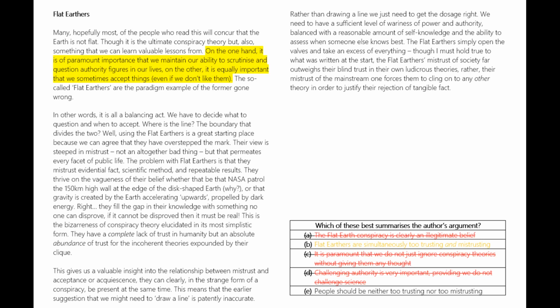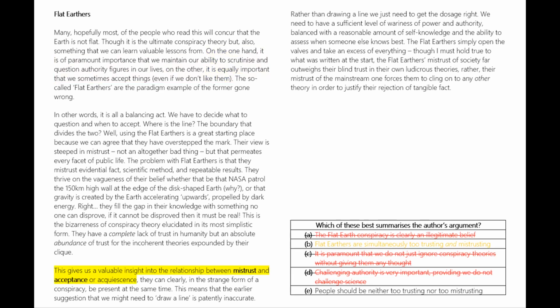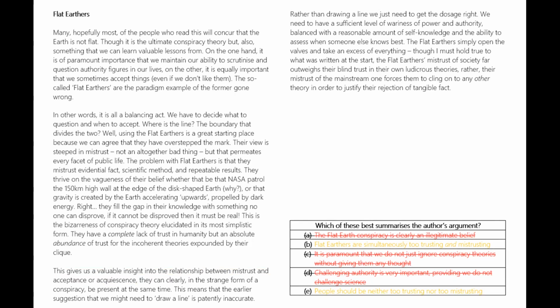Then it goes on. On the other, it is equally important that we sometimes accept things, even if we don't like them. And obviously that suggests that people should not be too mistrusting. Similarly, at the start of the last paragraph, we have this phrase. This gives us a valuable insight into the relationship between mistrust and acceptance or acquiescence. Given its similarity to B, which is another strong possibility, this is a good contender.